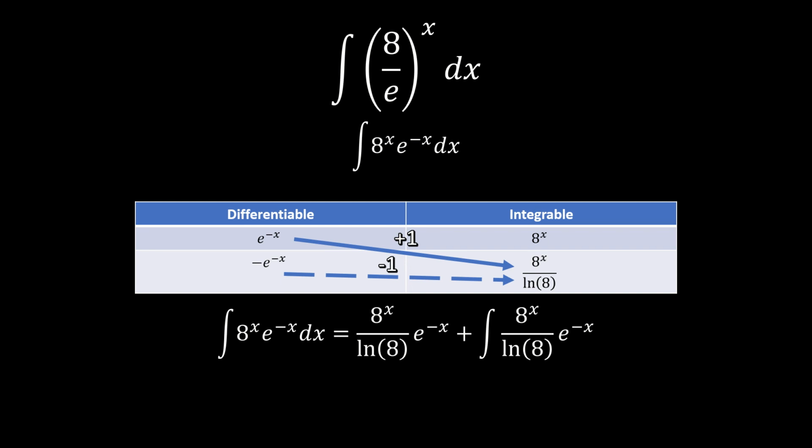That negative 1 is because that is going to be part of our second term in our right side equation. So right now we have the integral of 8 raised to x e raised to negative x dx equaling 8 raised to x e raised to negative x over the natural log of 8 plus the partial integral of 8 raised to x e raised to negative x all over the natural log of 8.